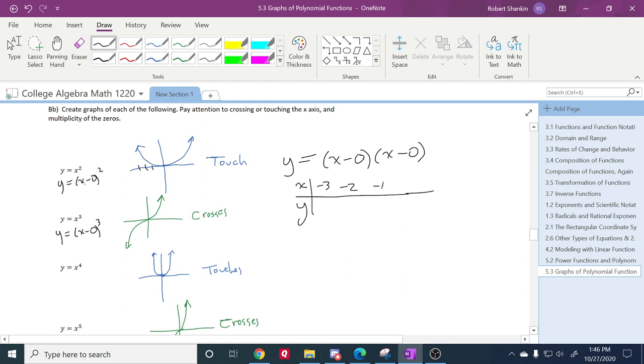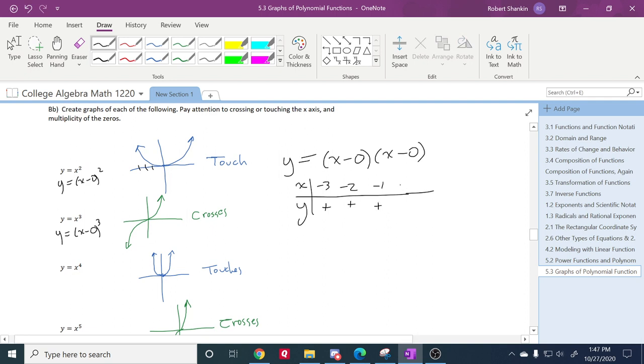I'm plugging them in here. Now what happens in each one of these, I'm going to get 9 when I square -3. But I'm not going to write 9. I'm going to write what I'm focusing on. I'm going to get a positive number. When I plug in -2, I'm going to be above the x-axis, another positive number. When I plug in -1, I'm going to be a positive number.